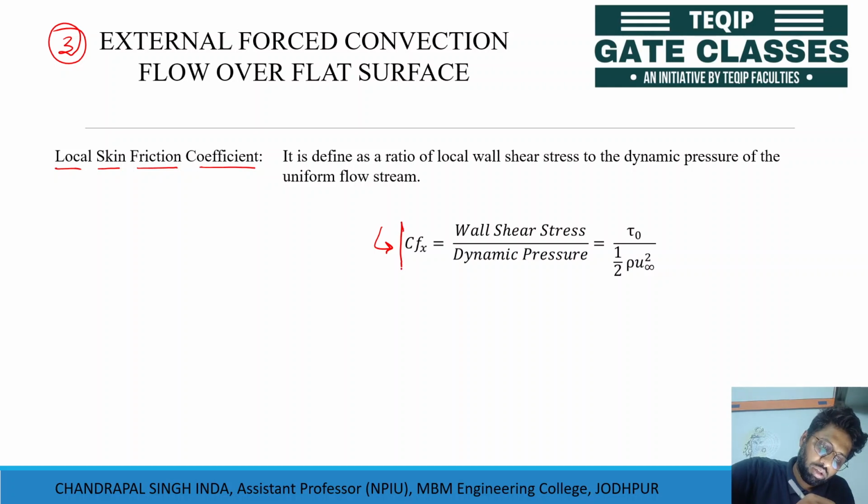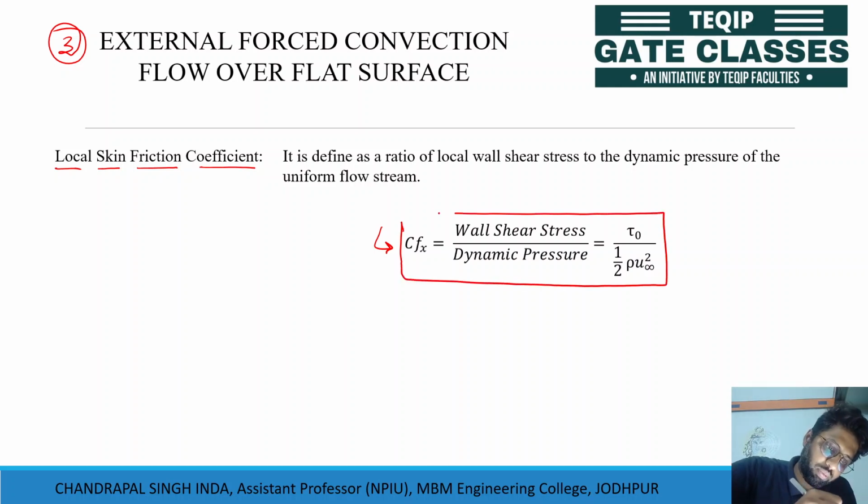This term is also related to fluid dynamics. So in heat transfer, convection heat transfer, fluid dynamics plays an important role. This local skin friction coefficient is defined as the ratio of wall shear stress to the dynamic pressure.